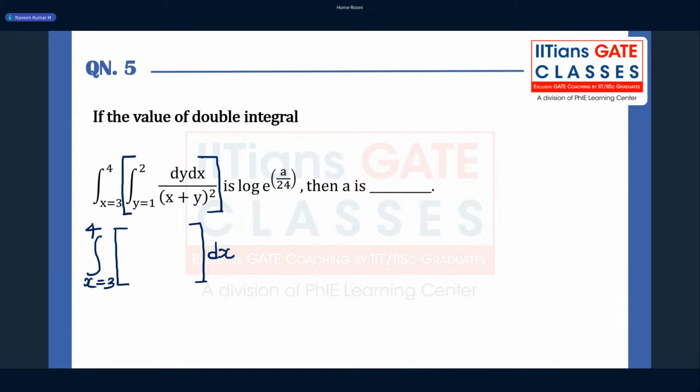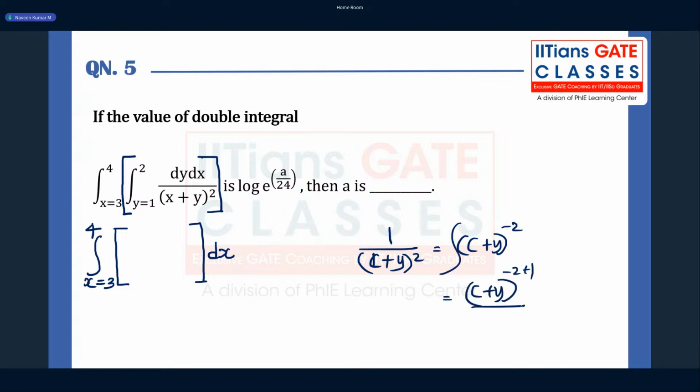So if you are integrating with x being constant, it is 1 by (x plus y), or you can say some constant plus variable, whole square, right? So I can write this as (c plus y) to the power of minus 2. If you're integrating this, this will be (c plus y) to the power of minus 2 plus 1, divided by minus 2 plus 1.